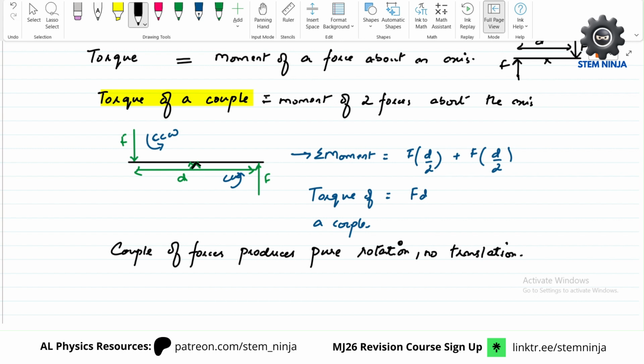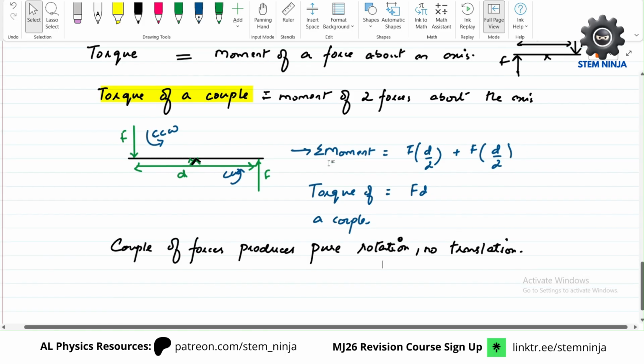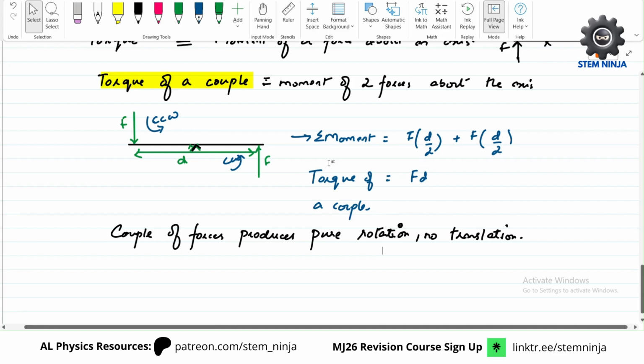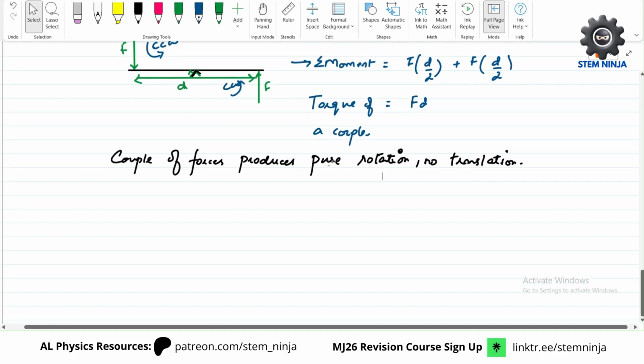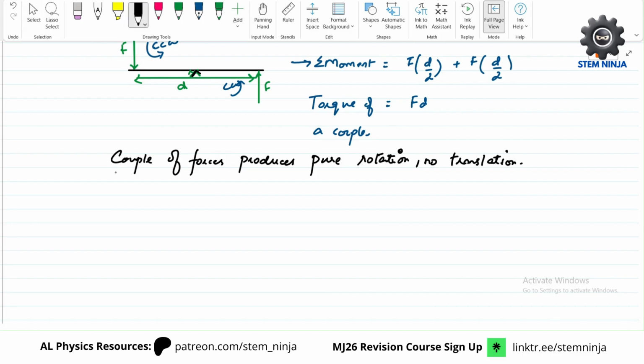So the action of forces in a couple produces just simple rotation, no translation. So what do we mean by no translation, no rotation, and everything else?